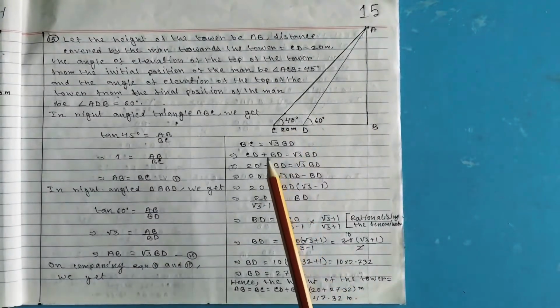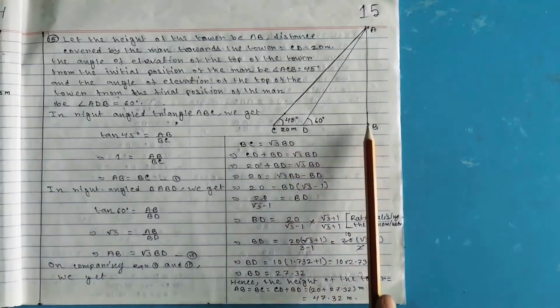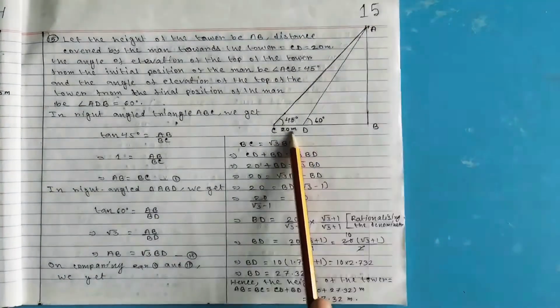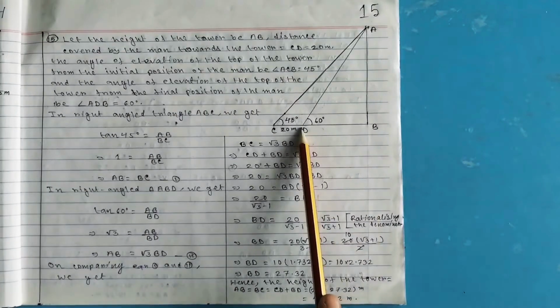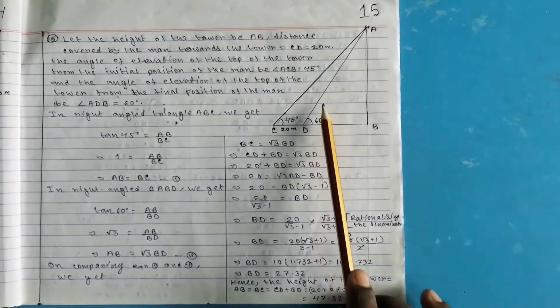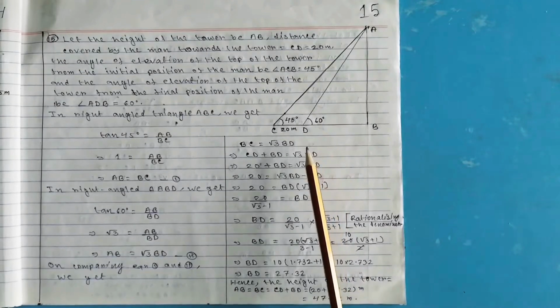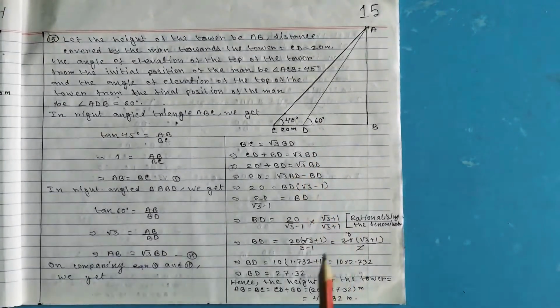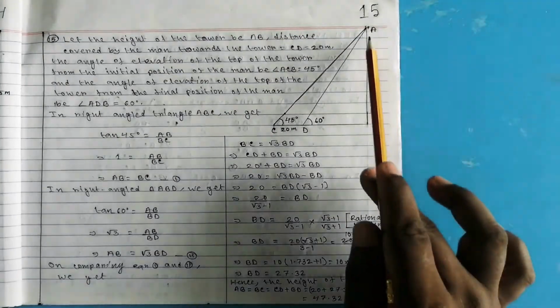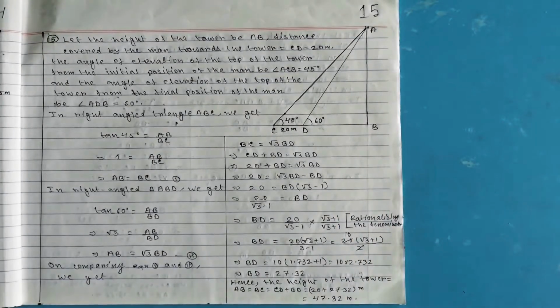Then the man walks towards the tower 20 meter and reaches the position D on the ground. At that point the angle of elevation is 60 degree. What you have to find is the height of the tower correct to two significant places. So the height of the tower, that is AB, you have to find.